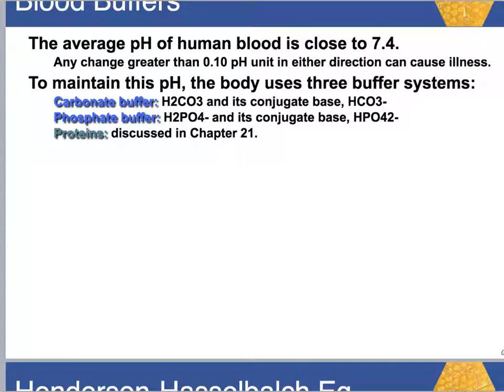The most important is the carbonate buffer system. And this is comprised of the weak acid, carbonic acid, and its base, hydrogen carbonate. Now, the pKa of this buffer system is 6.37.